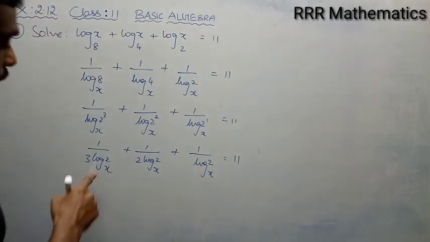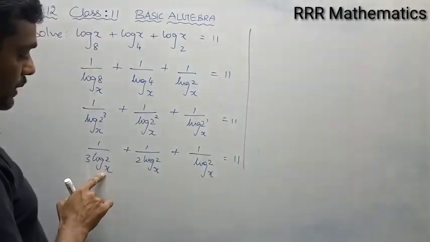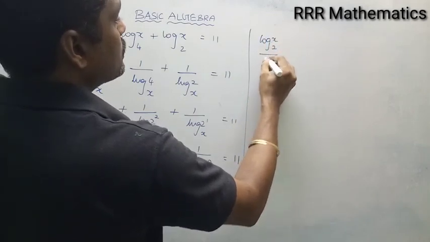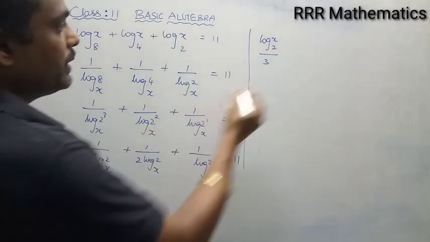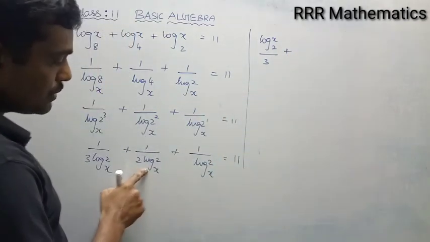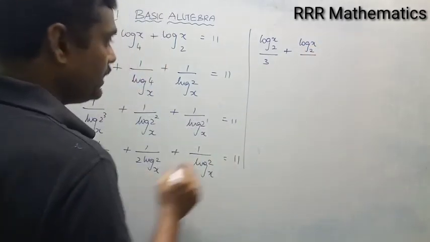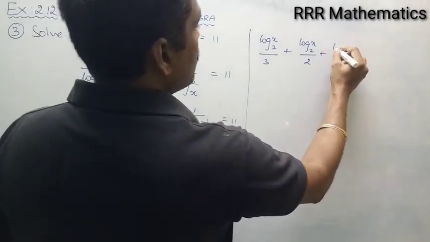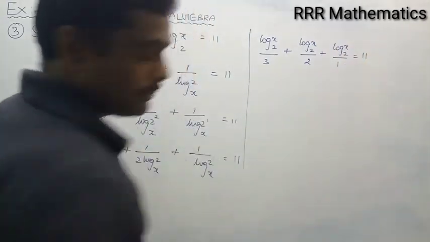Now when it goes to the numerator, it will be log x base 2 by 3, plus log x base 2 by 2, plus log x base 2 by 1. It will be 11.